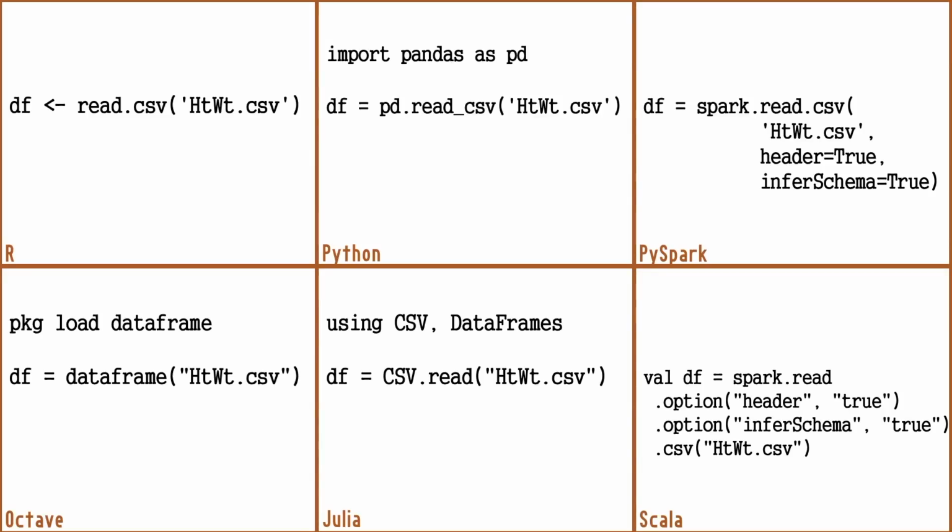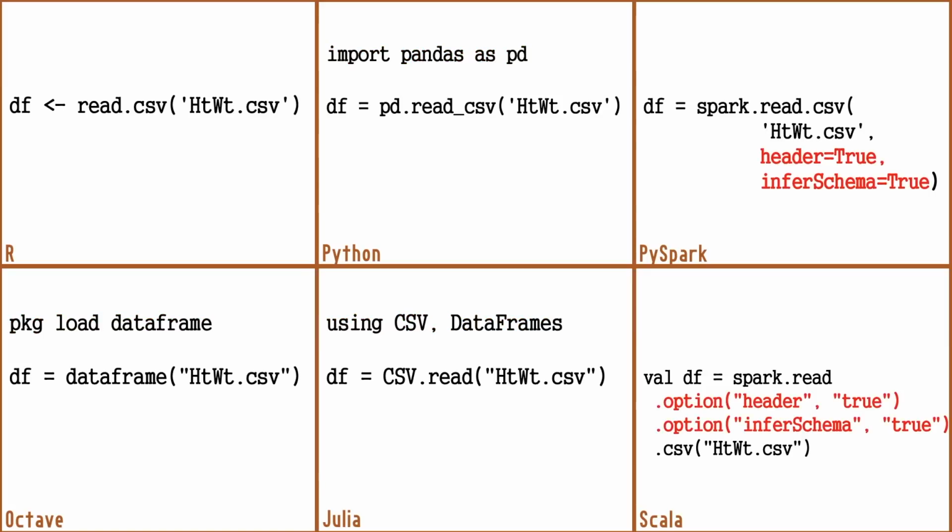When we look at code for each language that can read our CSV file into a data frame, the first thing that you'll notice is that since Python, Octave, and Julia do not contain built-in data frame objects, we have to import packages to be able to use data frame structures with these languages.